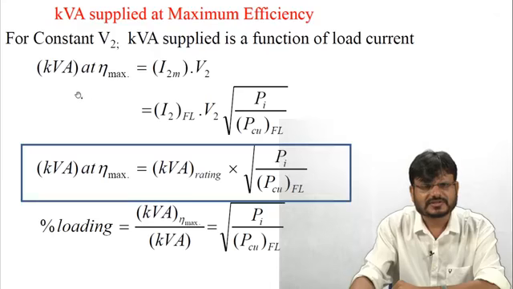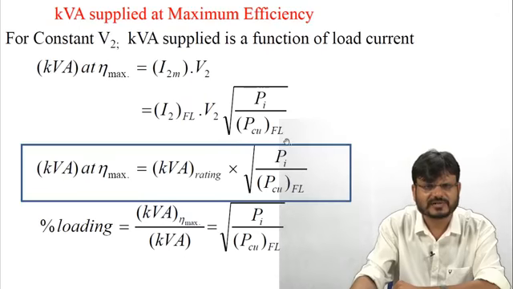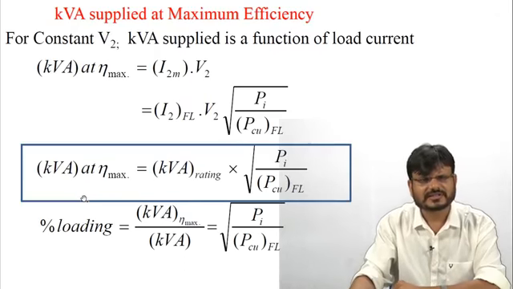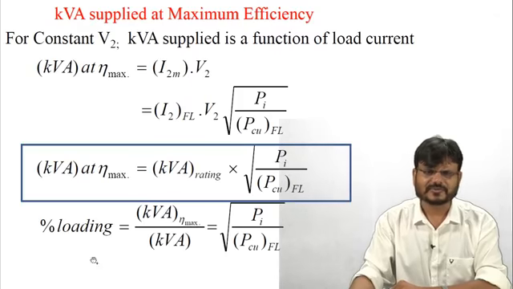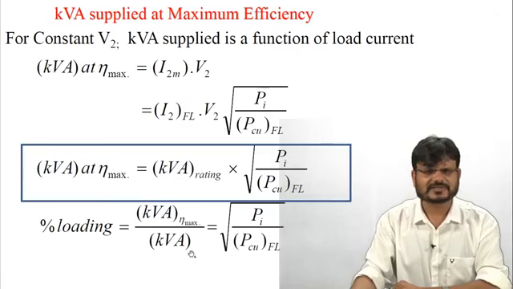So the kVA at maximum efficiency is equal to I2M multiplied by V2. The value of I2M is I2 full load multiplied by the square root of Pi upon Pcu full load. So the kVA at maximum efficiency is equal to the rated kVA multiplied by the square root of iron losses divided by the copper losses at full load. Similarly, you can find out the percentage loading, that is the kVA at maximum efficiency upon the rated kVA.